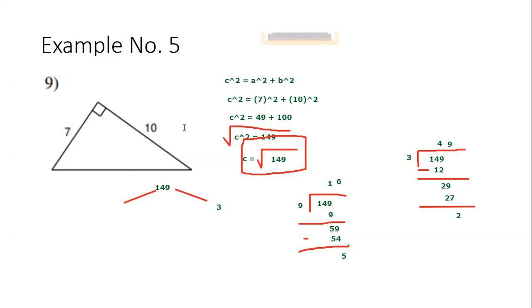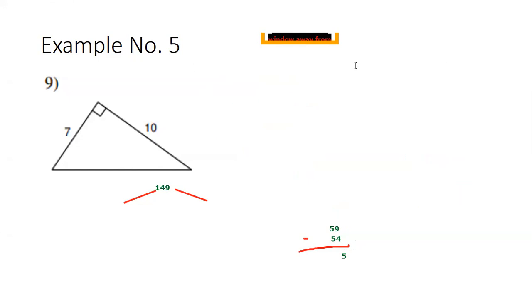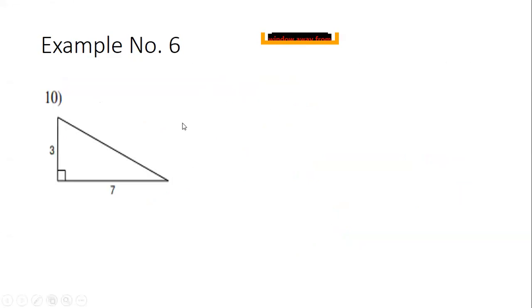Okay, do you have any questions with our fifth example? Okay, so nothing. So let's proceed. Same procedure with our 6th example. So you're given sides 3 and 7, you're asked to find the hypotenuse.